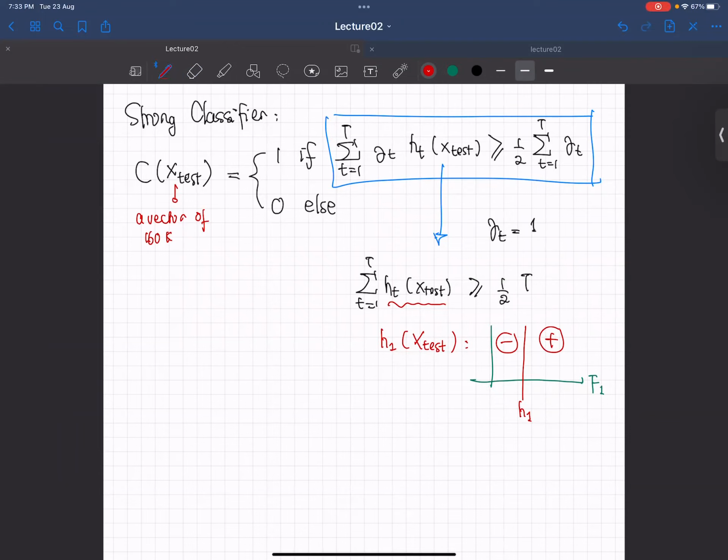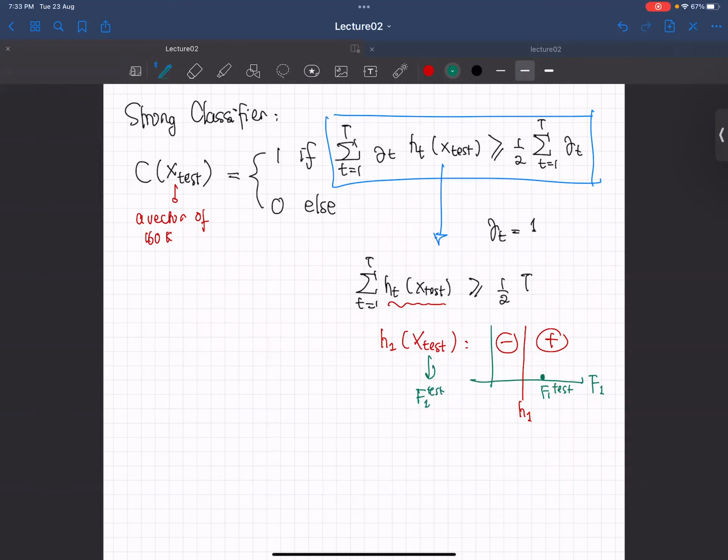And X dash actually has F1 dash. Right? The first value of the vector for X dash is equal to F1 dash. And assume that F1 dash is here. That's the location of your F1 dash.